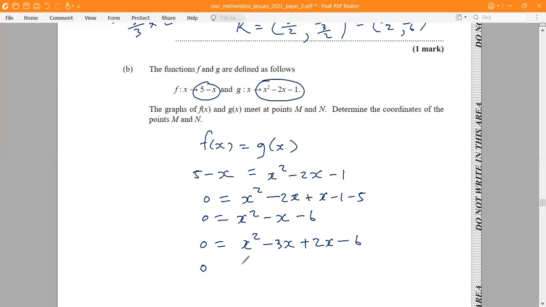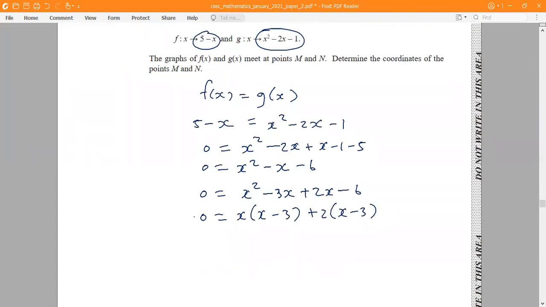Now we attempt to factorize. So we have x can go into x minus 3. And then we have plus 2 could go into 2x. 2 into 6 is 3. All right, so we have 0 is equal to x minus 3 times x plus 2.